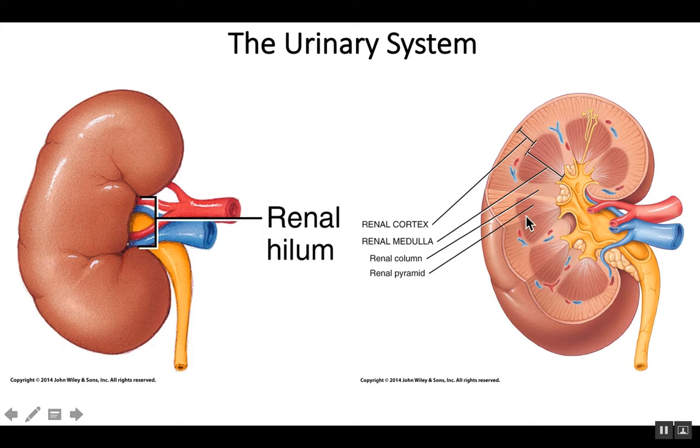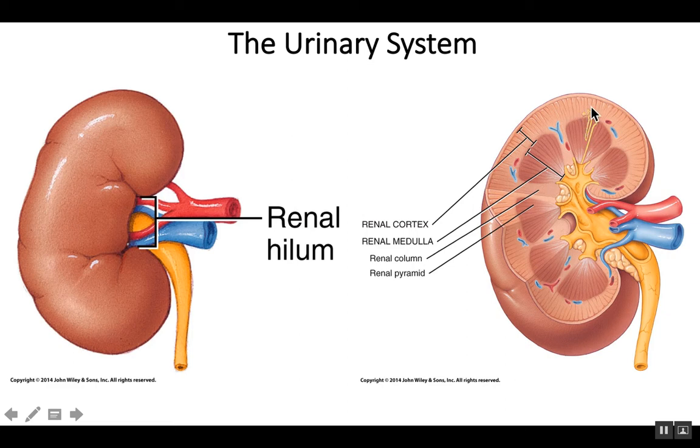For the internal anatomy of a kidney, we want to make sure we understand that there's a cortex, which is the outer layer of a kidney, shown in a lighter color here. Then there's the medulla of the kidney, and the medulla is divided up into pyramids and columns. The pyramids, shown a little darker here, contain a lot of the little tubes of the nephron.